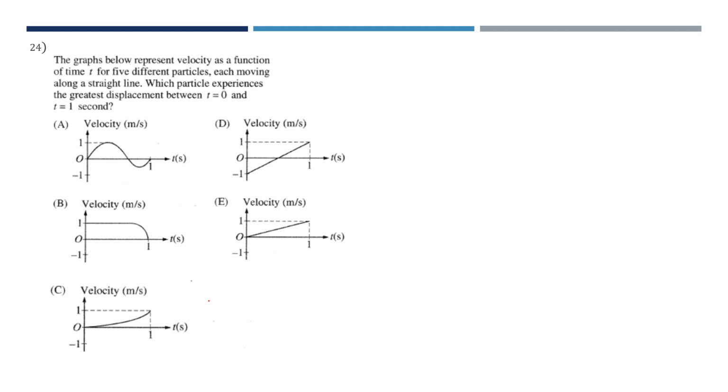The graphs below represent velocity as a function of time for 5 different particles, each moving along a straight line. Which particle experiences the greatest displacement between t equals 0 and t equals 1? How can we find the greatest displacement from a velocity time graph? Don't forget that the area under the velocity time graph is the displacement.